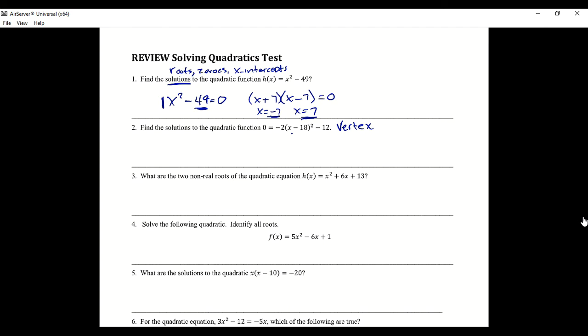So step 1, we move the 12 to the other side of the equation. We have 12 equals -2 times (x minus 18) squared. Step 2, we divide both sides by -2. So we have -6 equals (x minus 18) squared.